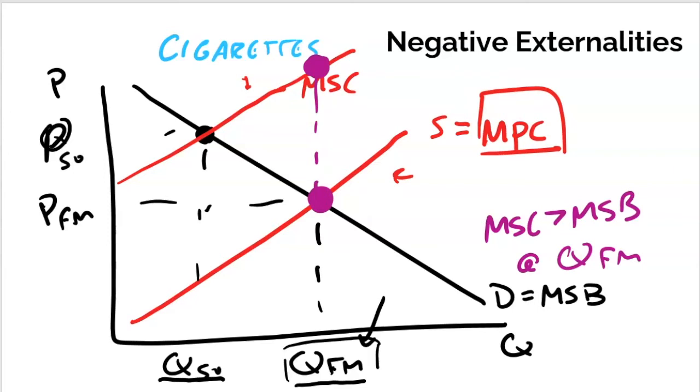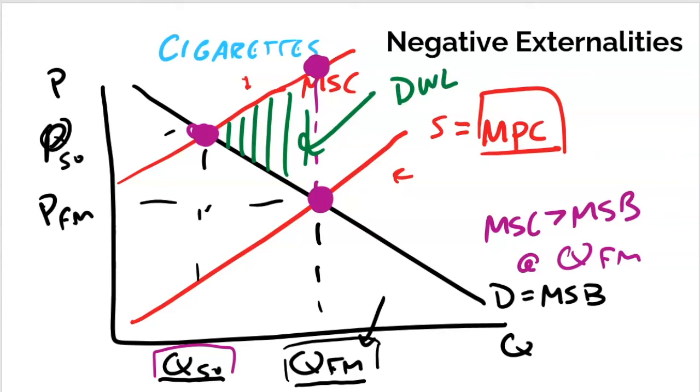And so we know that society wants the quantity of cigarettes to be here, where our marginal social cost intersects with their marginal social benefit, at this socially optimal quantity down here. What this means is that this green triangle right here represents the area of deadweight loss.